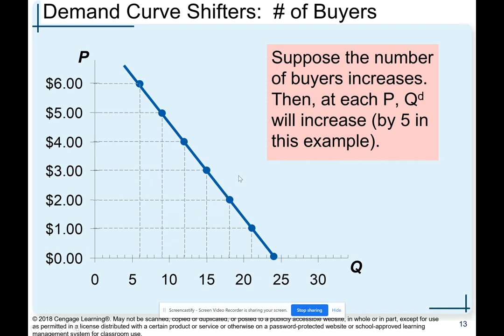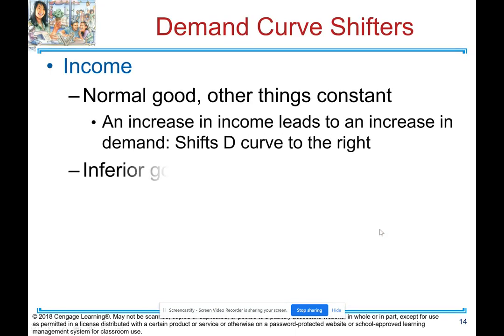Suppose the number of buyers increases. At each price, QD will increase by 5 in this example, and you can see that there is a shift in the demand to the right. That is an increase in the demand because of an increase in the number of buyers.